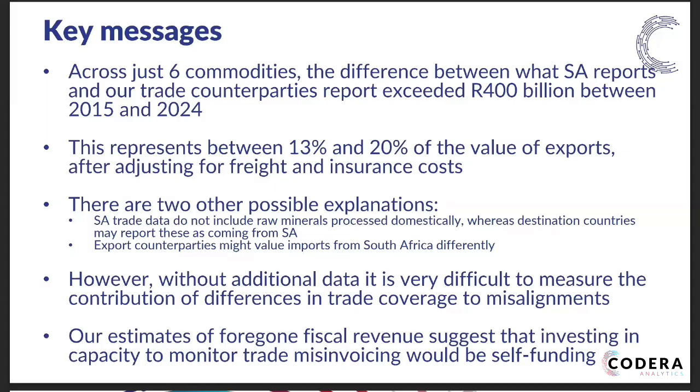We do a lot of work on the other side of this, which is the circumvention, and the term is used very deliberately, Martin, because it is a criminal act, and the circumvention of duties through under-invoicing, tariff classifications wrong, etc. And again, we can identify that the likelihood of much of that circumvention being accidental is quite small.